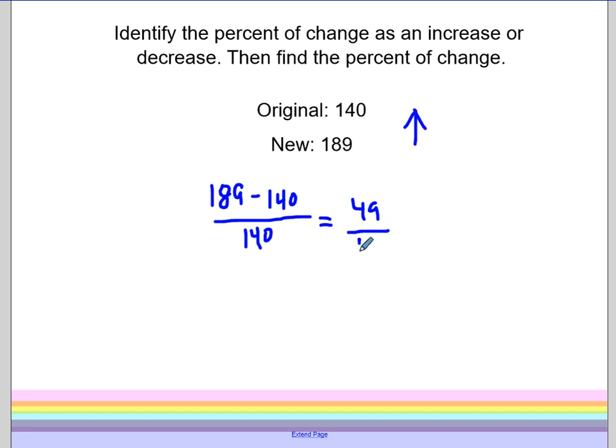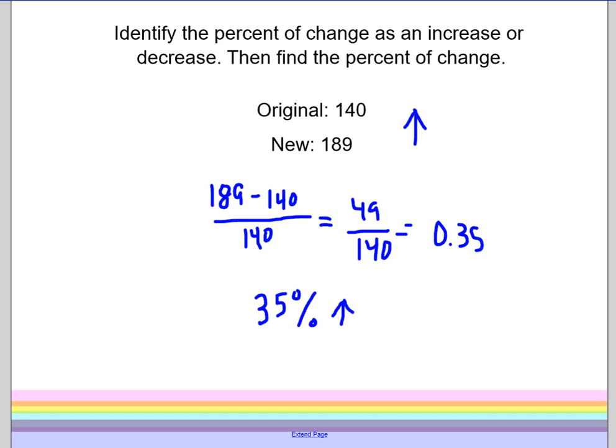Divided by 140. Plug that into the calculator, and that would get you 0.35. So I know that my percent of increase in this case is going to be 35%. And I always just do an up arrow if it's an increase, a down arrow if it's a decrease.